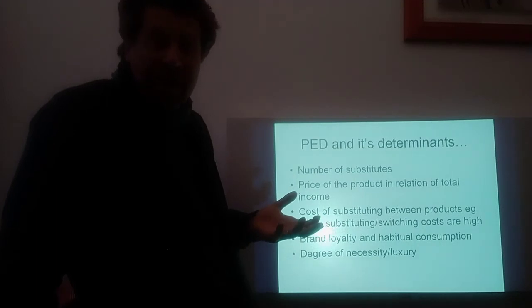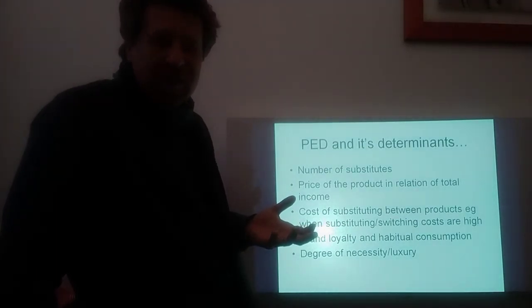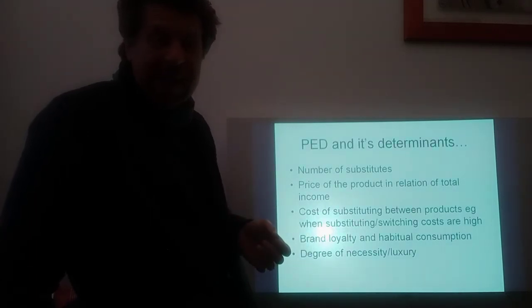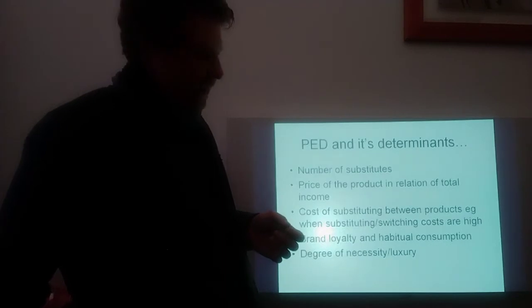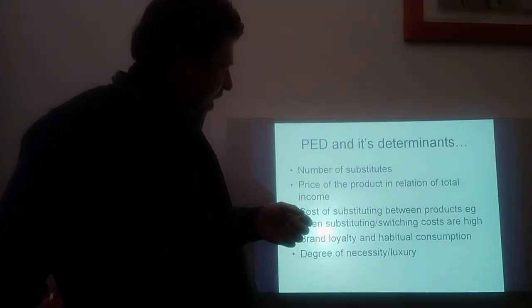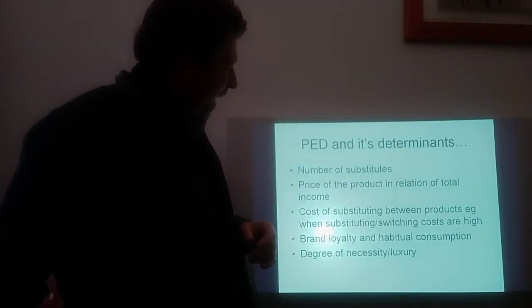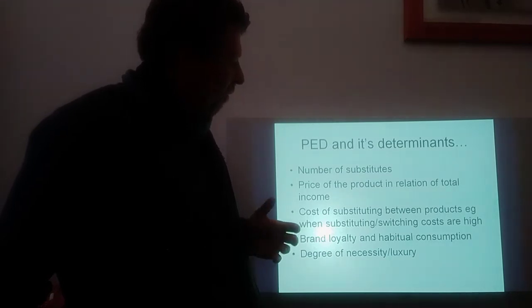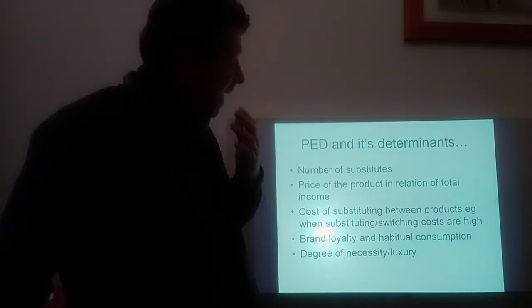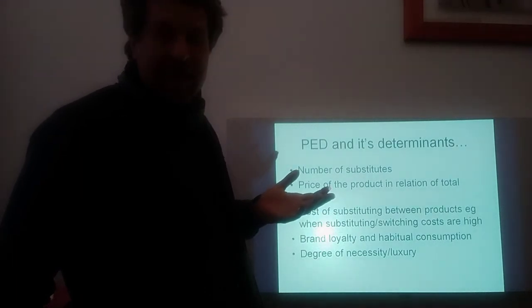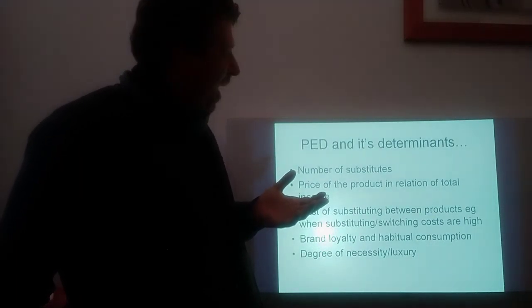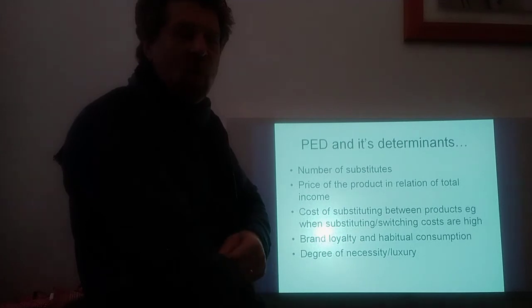But a coffee, if the price goes up 10%, probably I'd buy it anyway and wouldn't think much about losing 10 cents instead of hunting for another bar. So the price of the product in relation to my income will make it more or less elastic. The higher the price, the more elastic it becomes.